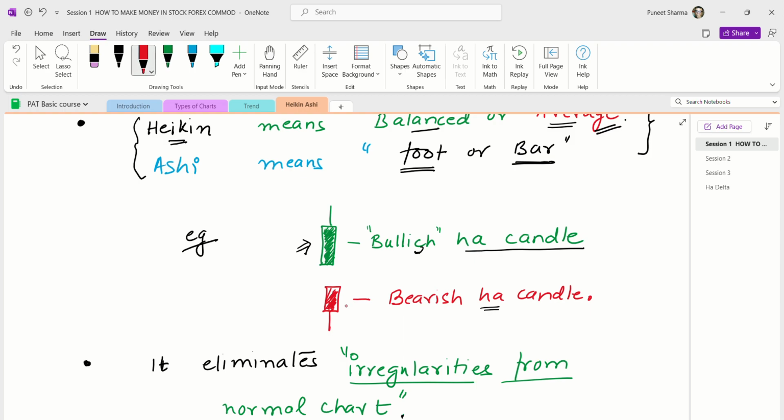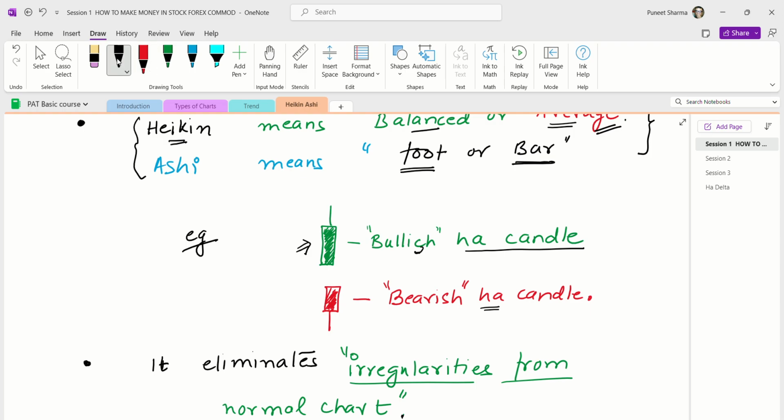And if there is a red box and a downward wick, then it is a clear indication of a bearish Heikin candle. More candle patterns, more candle types or structures, will be discussed in the second video, and what their implications are in understanding how the trend is behaving, we will discuss in the next video. This is simply an introduction to how a Heikin candle looks.